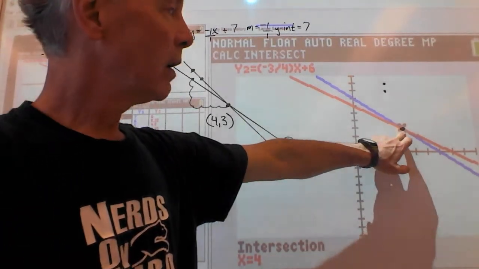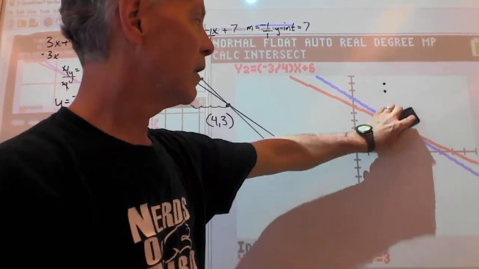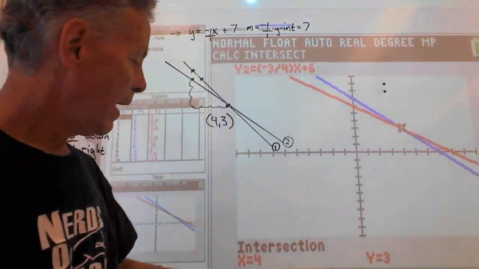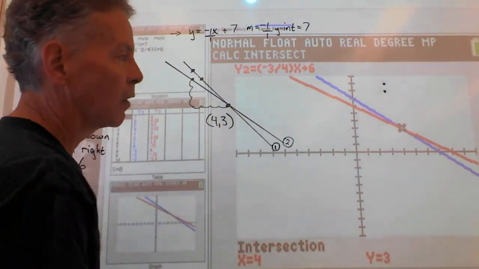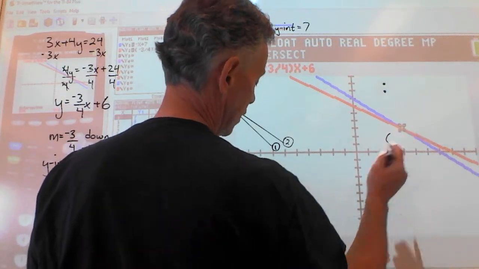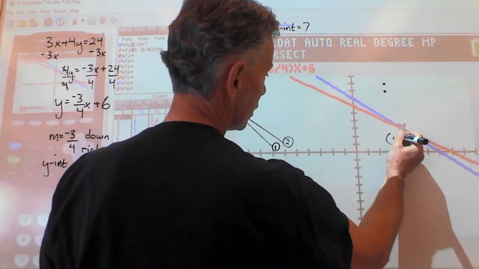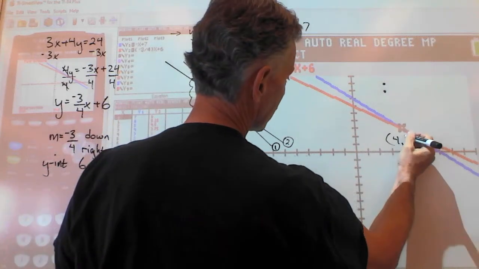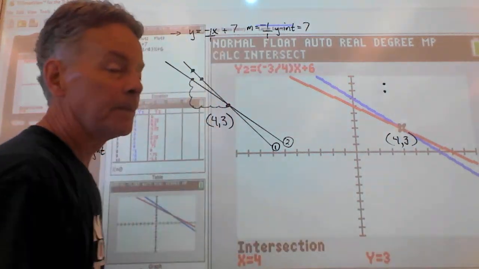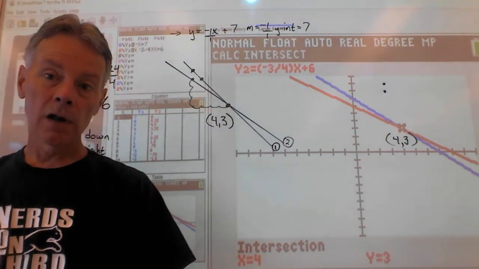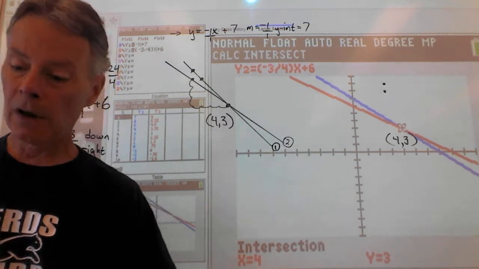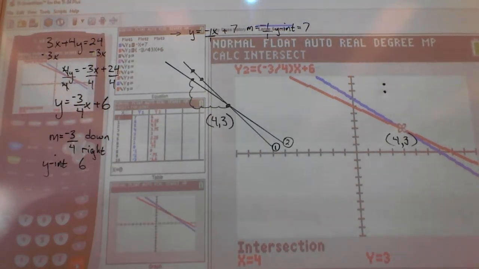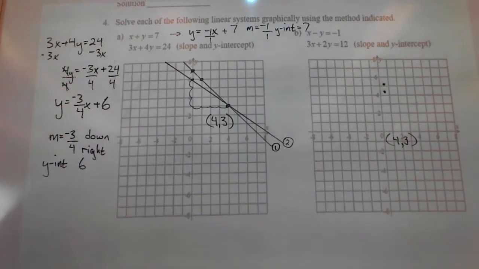And you can see it plops the cursor right at the point of intersection, and it tells you what the coordinates are. The x coordinate is 4, and the y coordinate 3. Okay? Good, good? We'll try one more, and then that'll be it for today. Okay? So, back to our lesson.